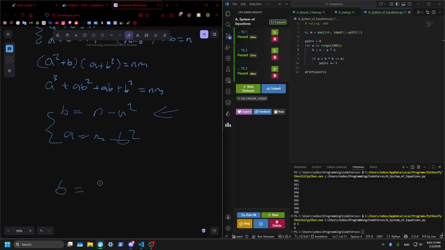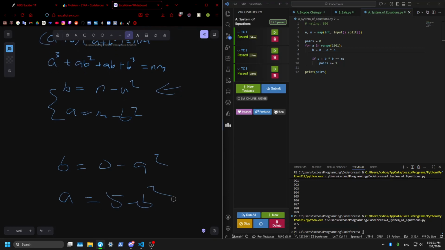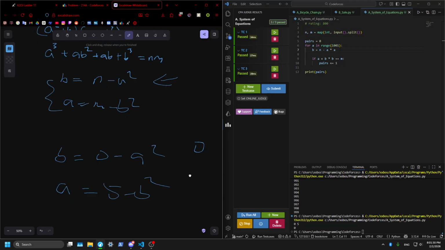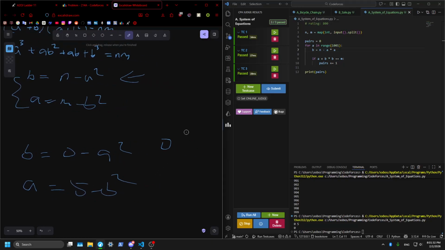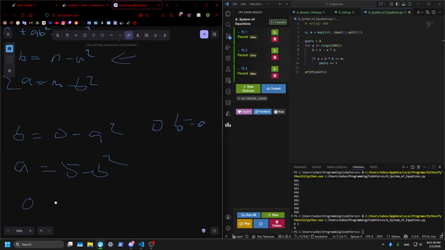B equals 0 minus A squared equals 5 minus B squared. 0. And A would have to be 0, which means B is equal to 0. And if A is 0, zero cases don't work.